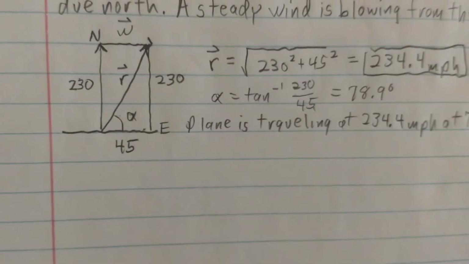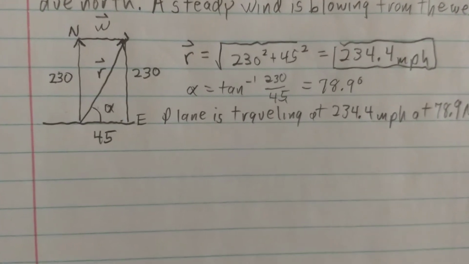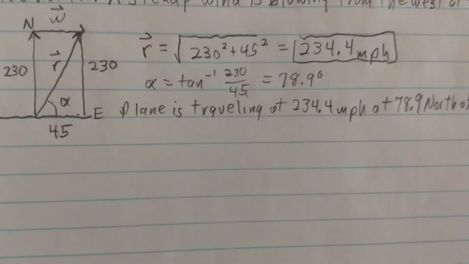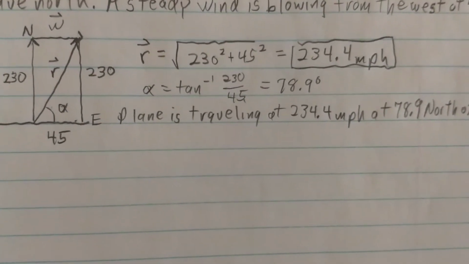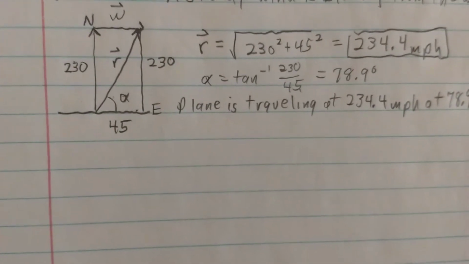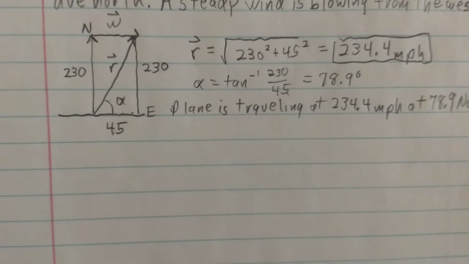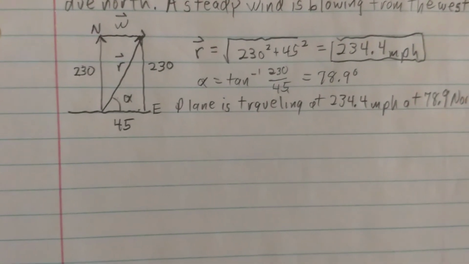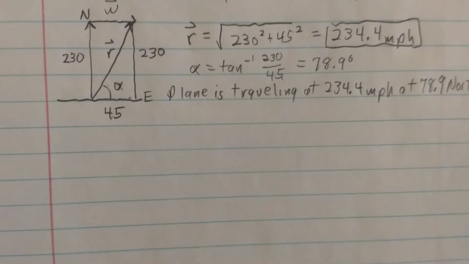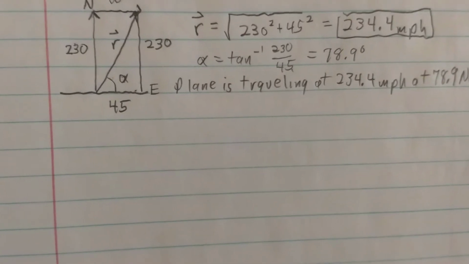So the resultant vector, or the hypotenuse, is the square root of 230 squared plus 45 squared, which comes out to approximately 234.4 miles per hour. And the inverse tangent, remember, would be 230 over 45, because I'm bringing 45 from up top straight down to the bottom, and 230 from the straight up to over to the parallel to get alpha to have an opposite and adjacent.